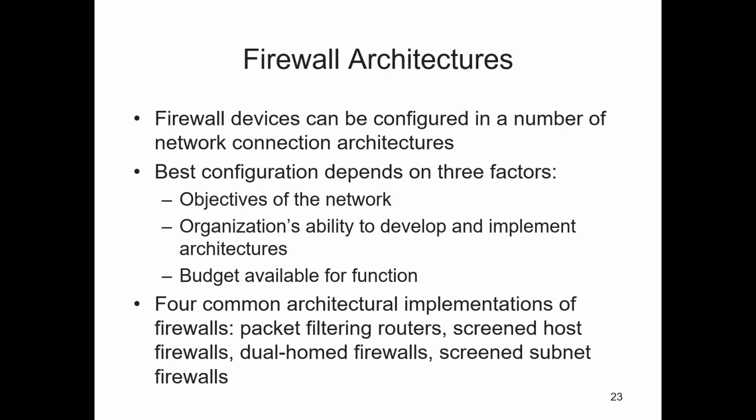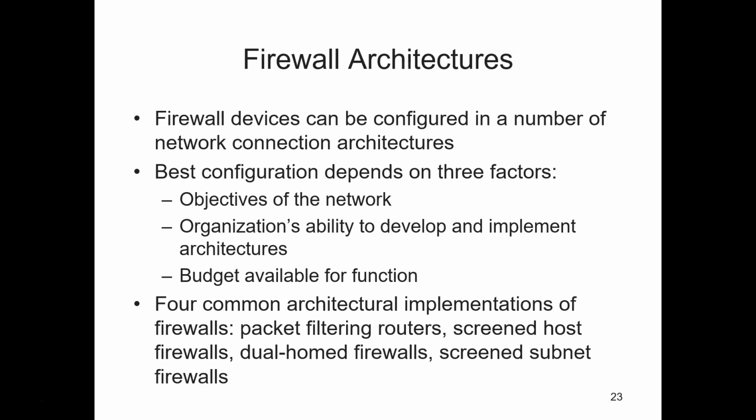Each of the firewall devices noted in the previous session can be configured in a number of network connection architectures. The firewall configuration that works best for a particular organization depends on three factors: the objectives of the network, the organization's ability to develop and implement the architectures, and the budget available for the function.